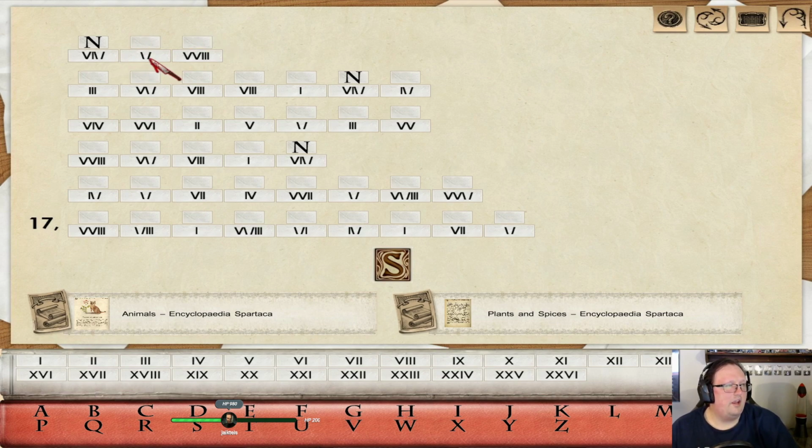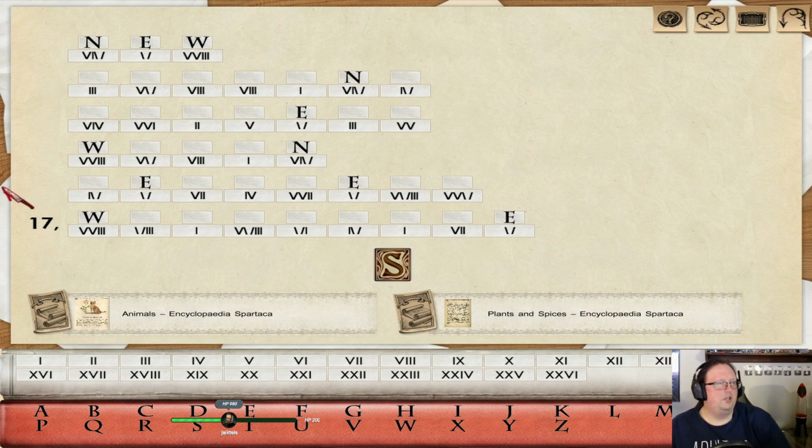That's going to be X, I believe. No, wait. V. This is XXIII, which would be W. That's a V. That's E. So new.